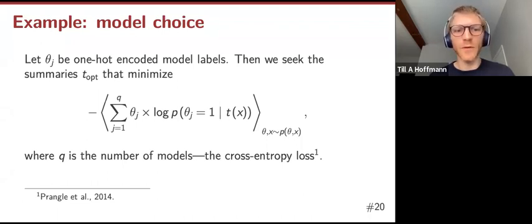And Q here is the number of models. So this is just the cross entropy loss that's typically used in machine learning for classification approaches. And we might think of this, for example, if we have the machine learning challenges of classifying digits or telling apart ships and dogs, that there is the model of a particular number or the model of what dogs look like, and they generate the data.